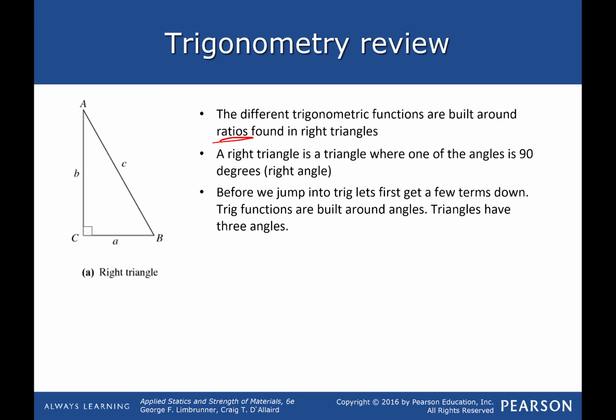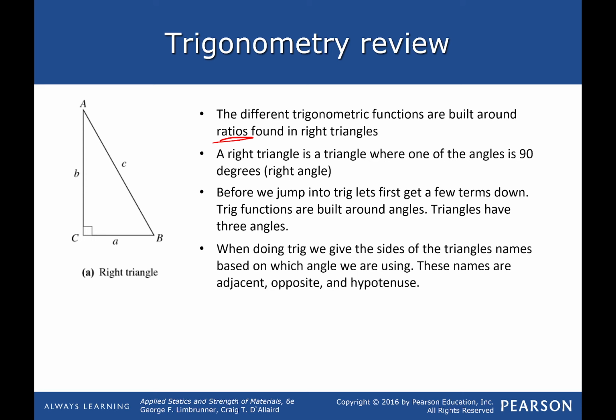So first off, triangles have three angles, A, B, and C. And all of our trig functions are based around those angles as well as the different sides. Now, when we're doing our trig functions, we have to give the sides of the triangle, the lowercase a, b, and c, names. Those names are adjacent, opposite, and hypotenuse.